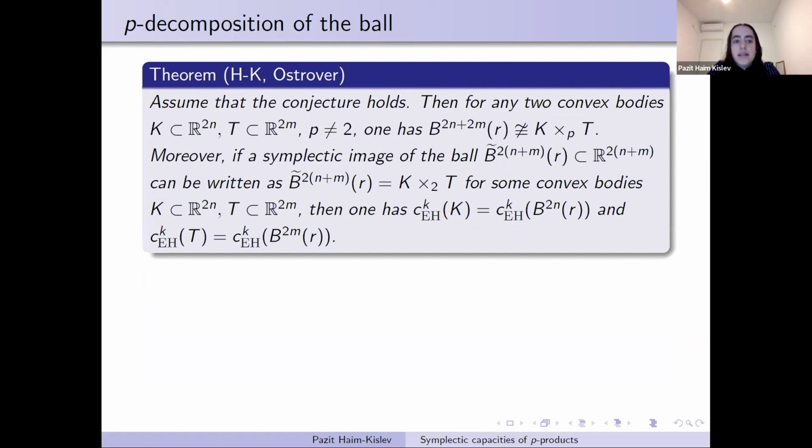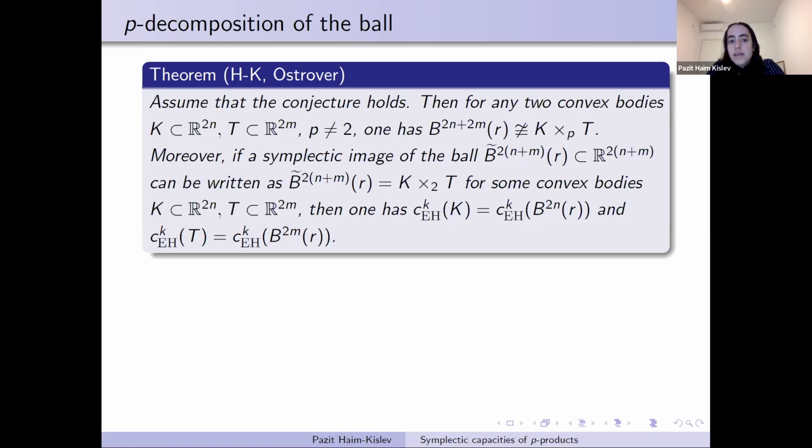Okay, and an application of that conjecture would be to try and understand when a domain can be represented as a p-product of 2 other domains. More specifically, we asked if a ball can be p-decomposed into some domains.